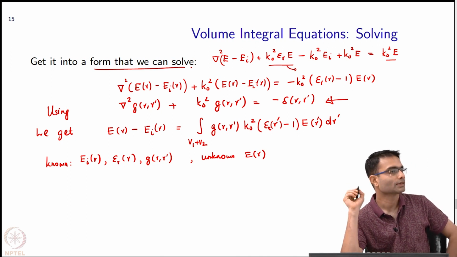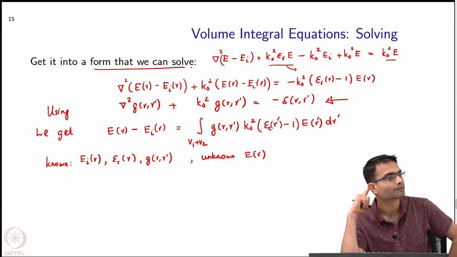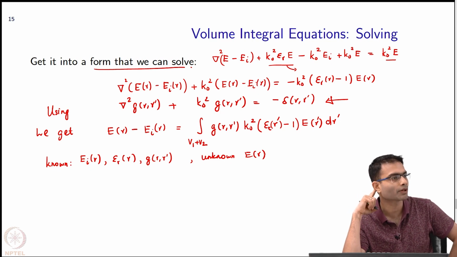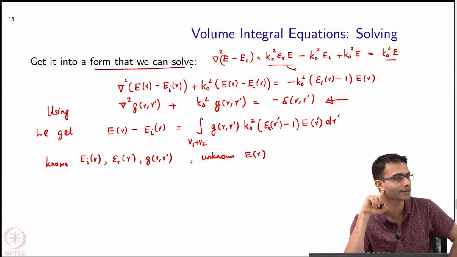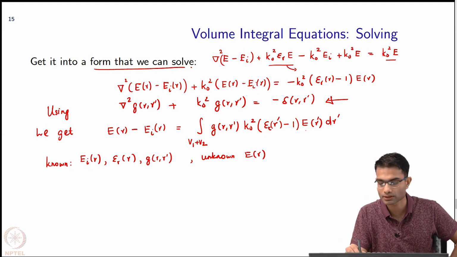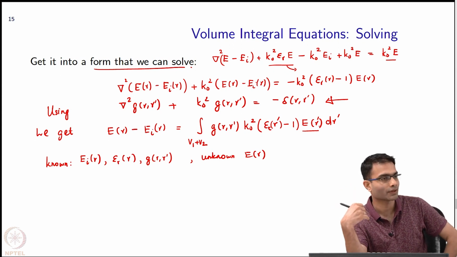Now, looking at this, first of all, is it an integral equation? Yes or no? It is an integral equation. Why? Because the unknown variable is appearing inside the integral sign. But which kind? We have studied different kinds of integral equations.